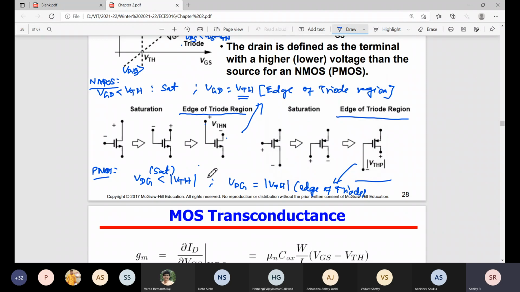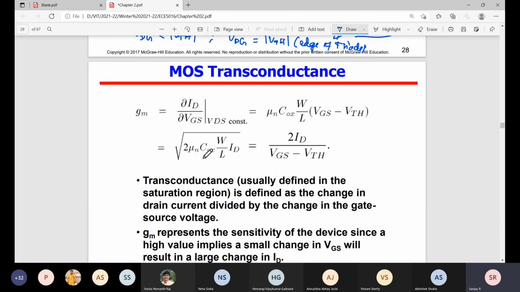Okay. So today we will discuss MOSFET transconductance and second order effects. We already studied second order effects in device physics, no? Body effect, channel length modulation, and subthreshold conduction. Am I right? Yes. So today we will study only what is important from the analog perspective.